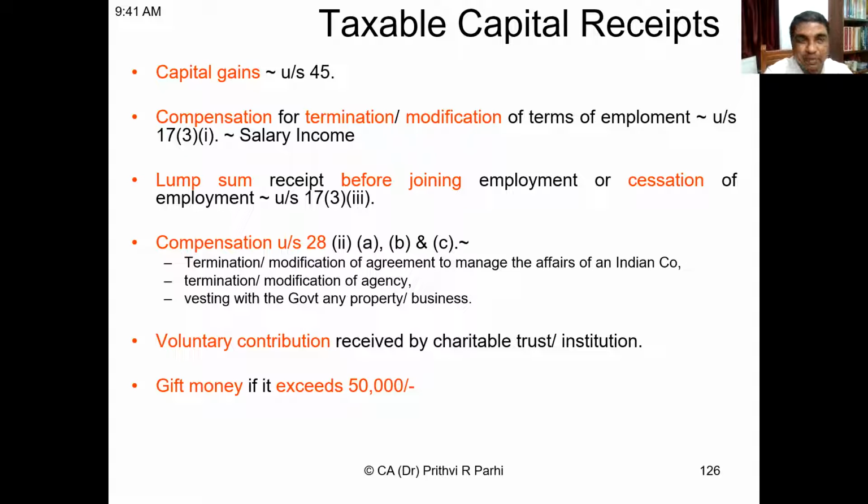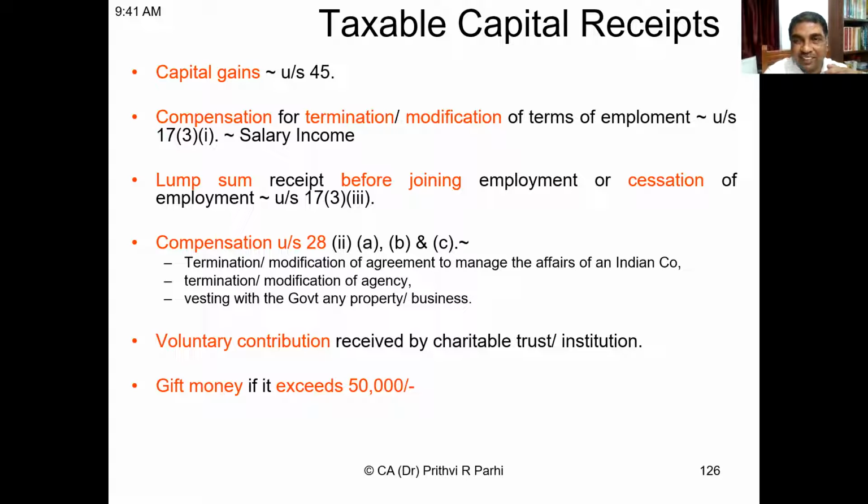But just a few examples, you can see other examples also. For example, you see compensation for termination or modification of terms of employment. This is a salary. But if you see, salary is a revenue receipt because it is generated from a source. It is continuous, there is some regularity in it. But let us say someone's job is terminated and some compensation is given.